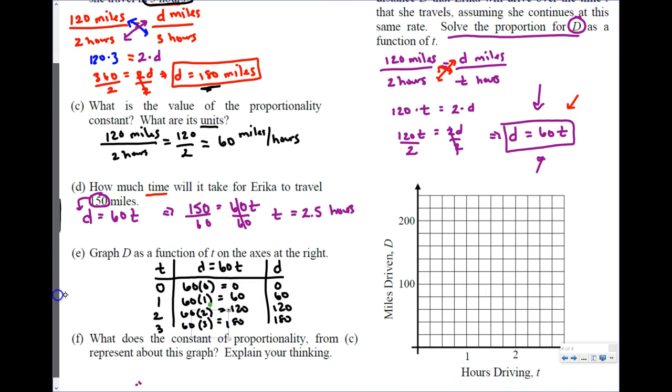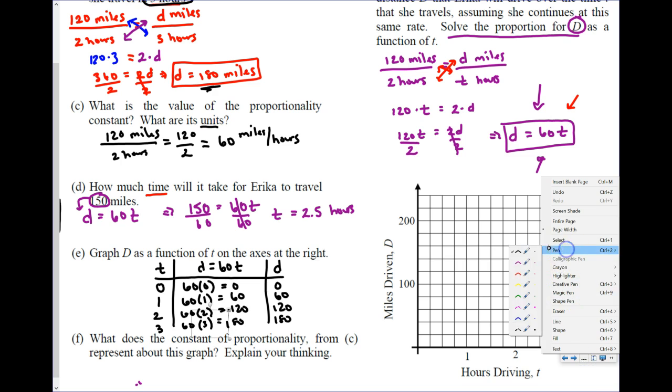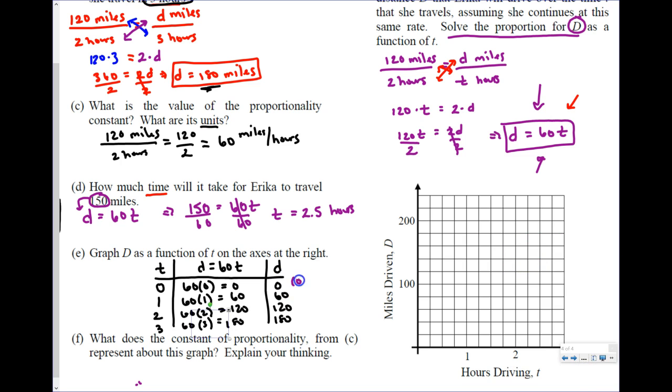So I know my equation is right at this point, and the equation is just helping me figure out what points to plot. I'm going to repeat again. I'm taking these t values and plugging them in to find D. And now I can plot these coordinates. So these just turned into coordinates of 0, 0, 1, 60, 2, 120, 3, 180.